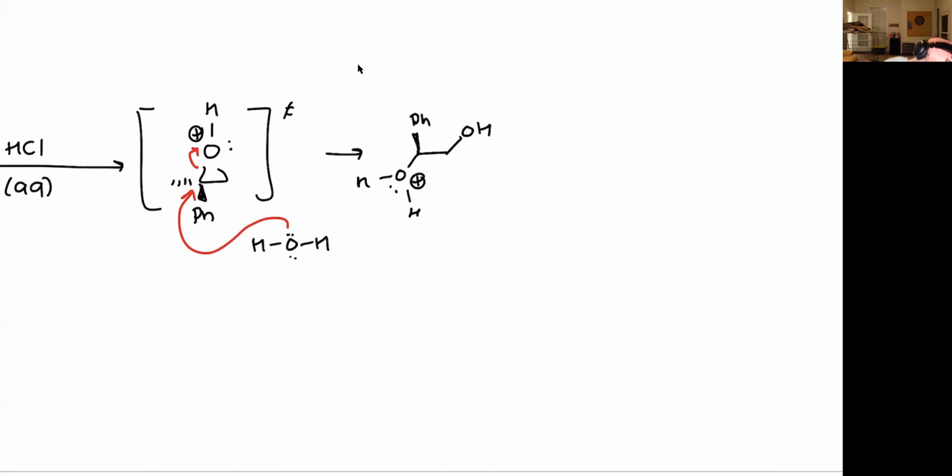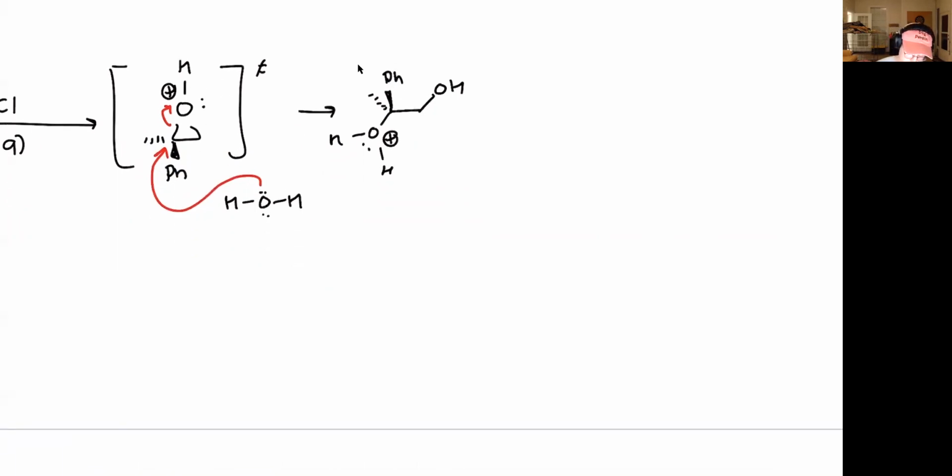And now we see that we push these groups that were down, we push them up because they were here and then the water comes in and pushes them up. But again, the phenol was on a wedge and it stays on a wedge. It just goes from wedge down to wedge up, which is going to invert it.